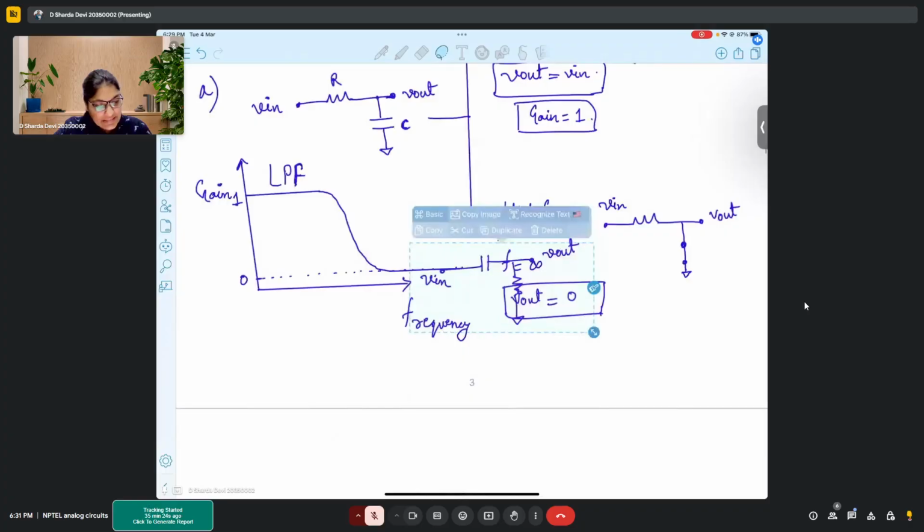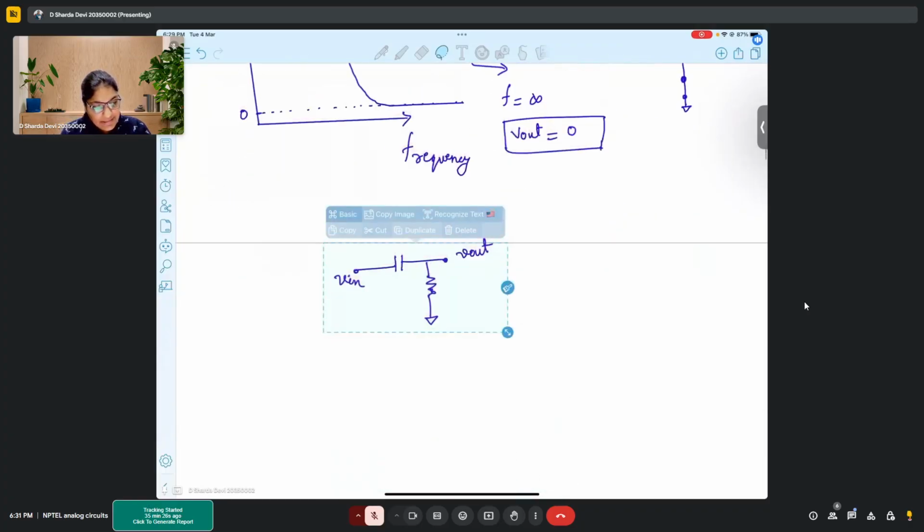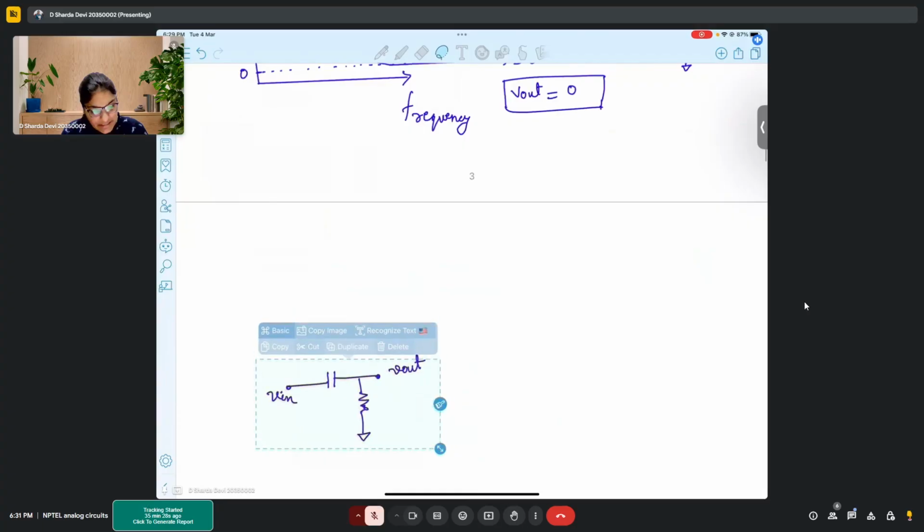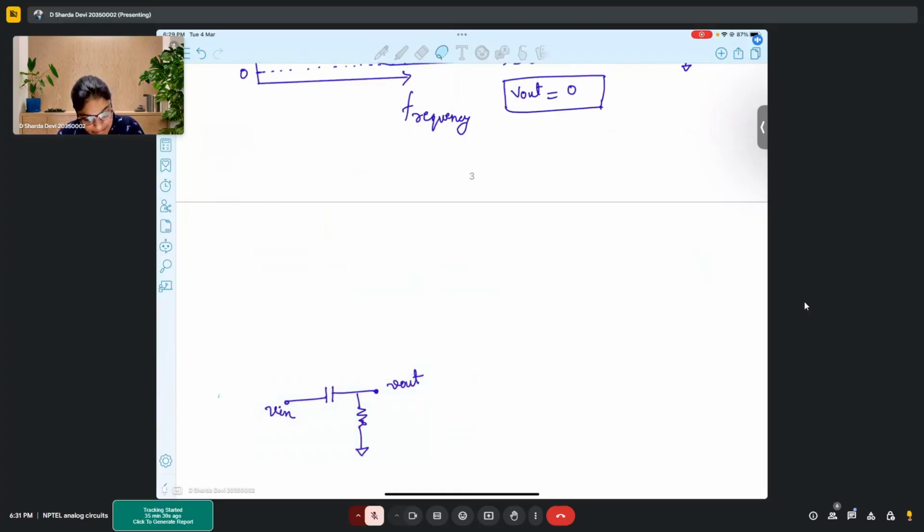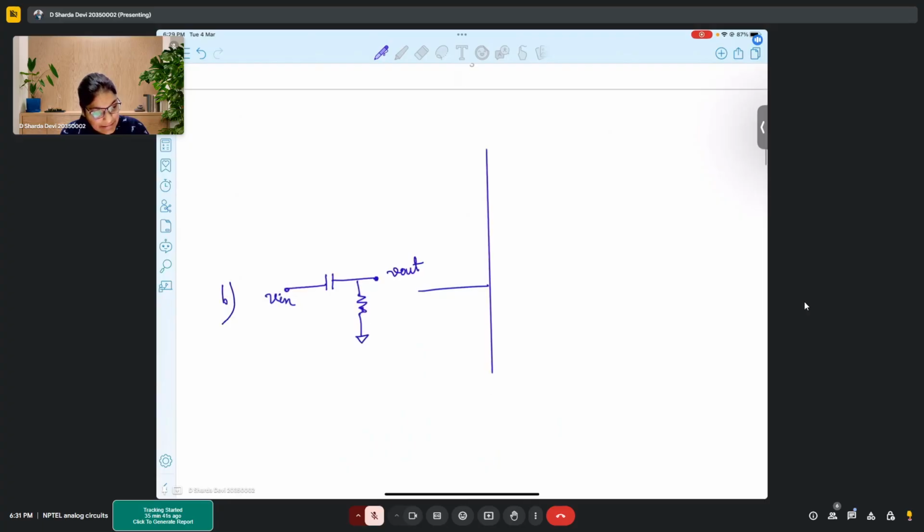We have only interchanged the positions, right? Nothing much has been done. It's just the positions that have been interchanged. Now, here again, we will have two conditions, that of high frequency and low frequency, as we did earlier.